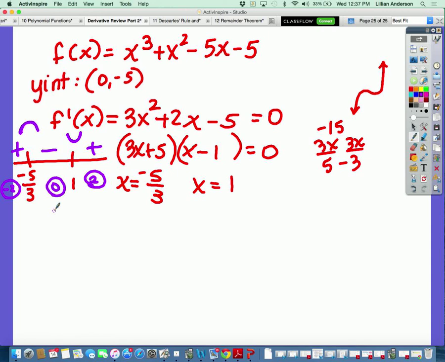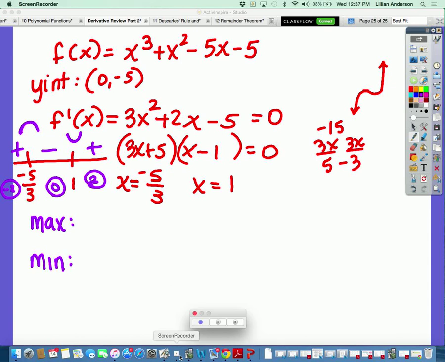So let's find my max and my min point because I'm graphing this. So I need to know where these points are located, okay? So let's do that. Find my point for my max and my min. How do you find that coordinate?